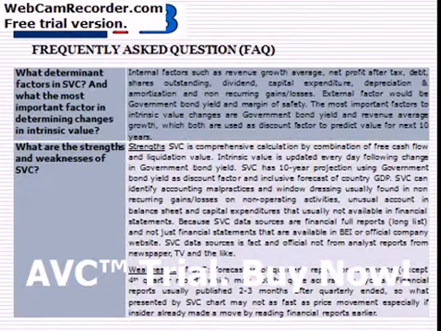So the next question is what the strengths and weaknesses are. The strength is basically that free cash flow represents the reality of the company performance. And using the risk-free government bond yield as a factor, we can tell how the country is perceived by global investors.